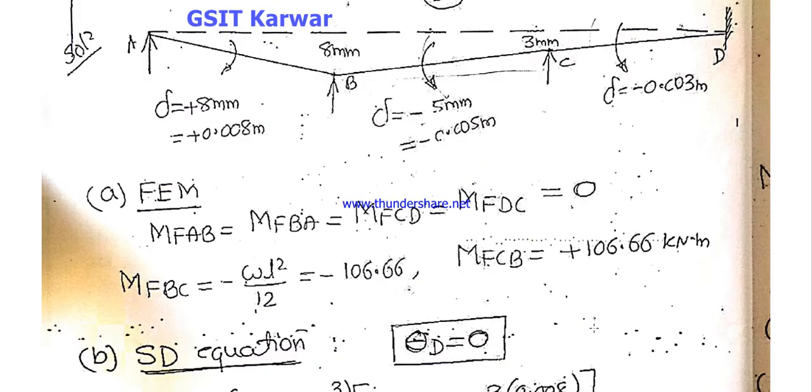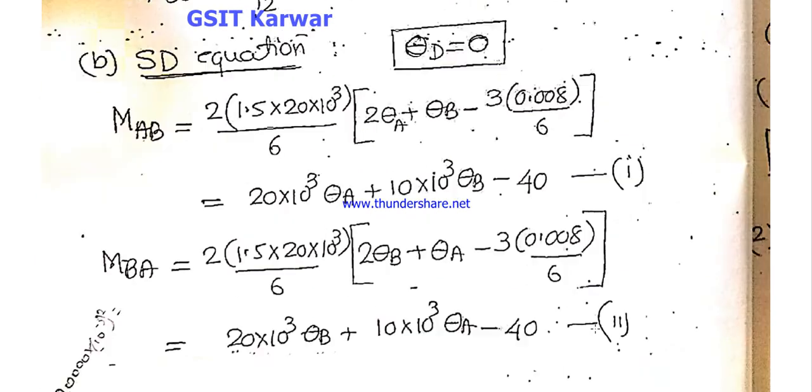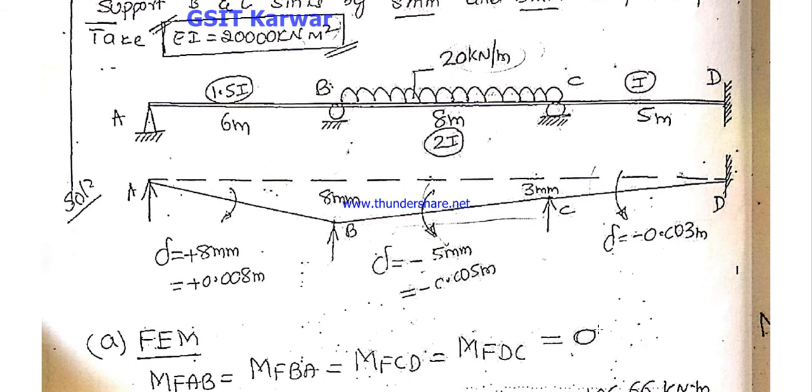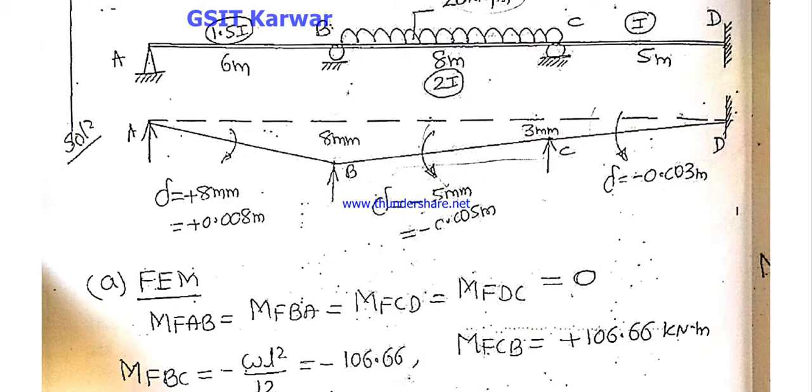Why are the fixed end moments of these spans equal to 0?